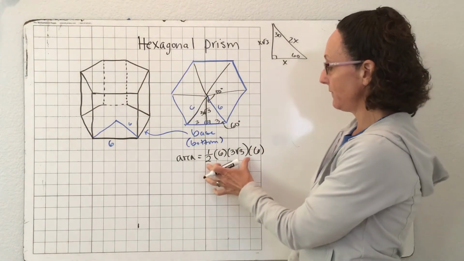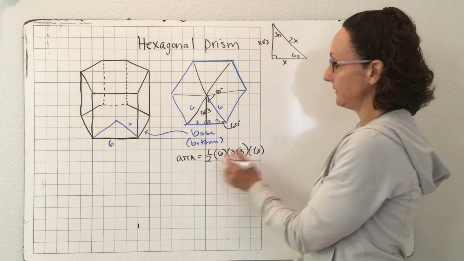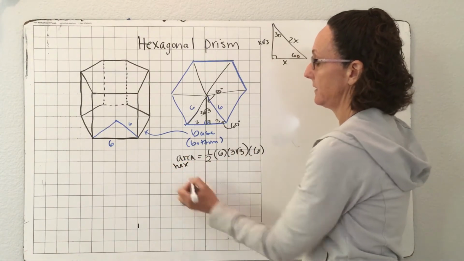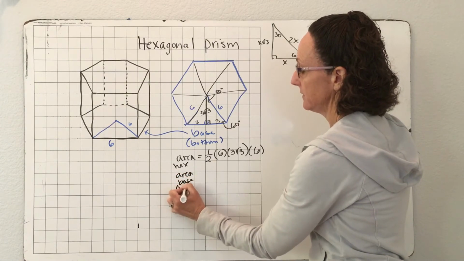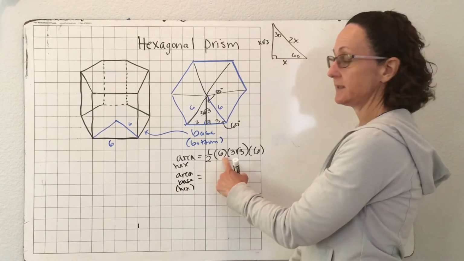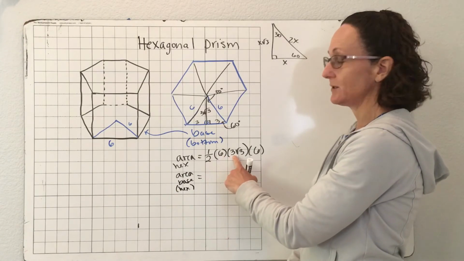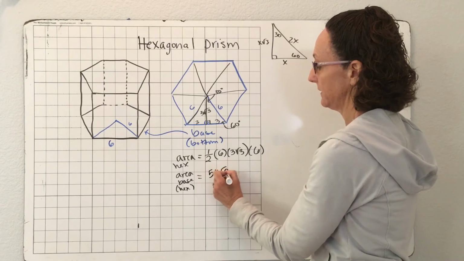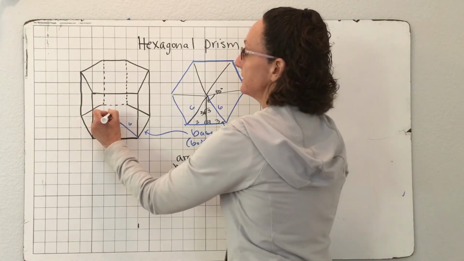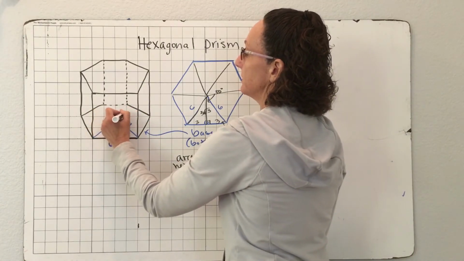This is the area of one triangle. This is the area of the whole hexagon. So the area of the base, which is a hexagon, is half of 6, which is 3, times 3 root 3, which is 9 root 3, times 6, which is 54 root 3. That's just this part, 54 root 3.